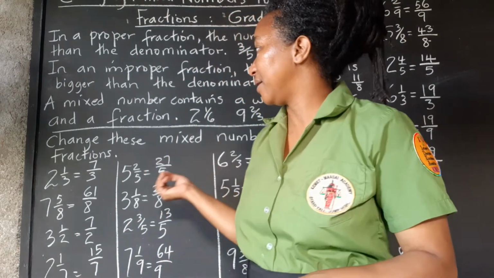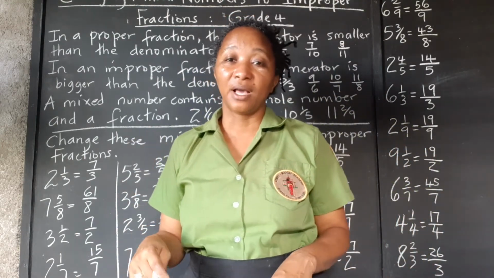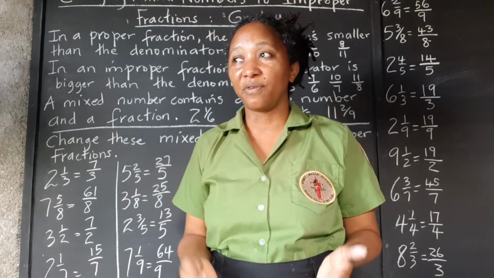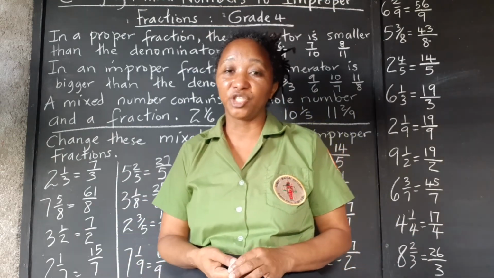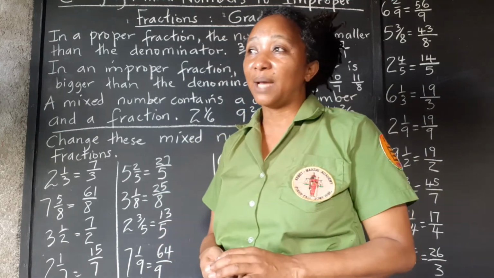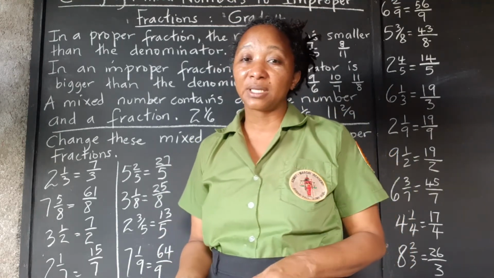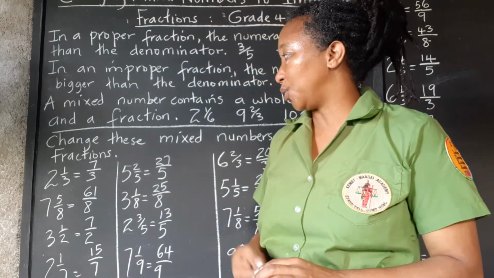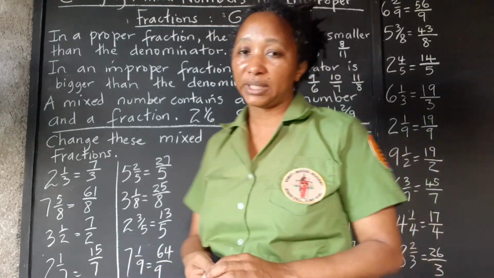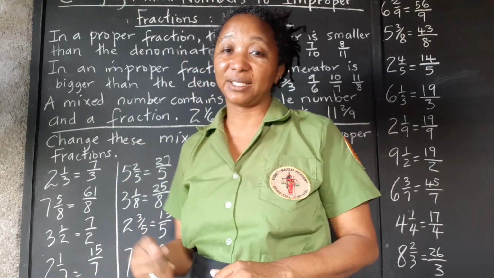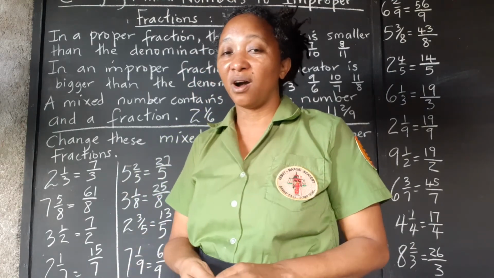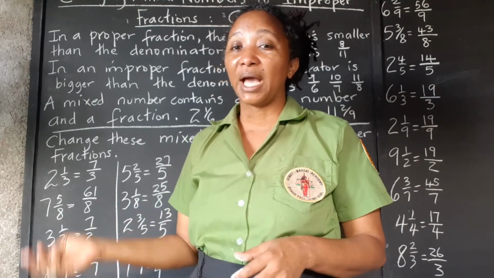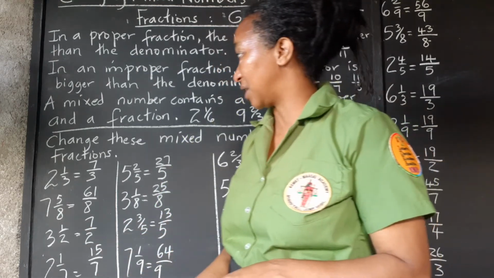So this skill is very necessary as you advance, not just in working with fractions, but in maths in general, because sometimes you'll get worded problems that involve fractions. So make sure you master this before you go on to multiplying, dividing, adding and subtracting fractions.